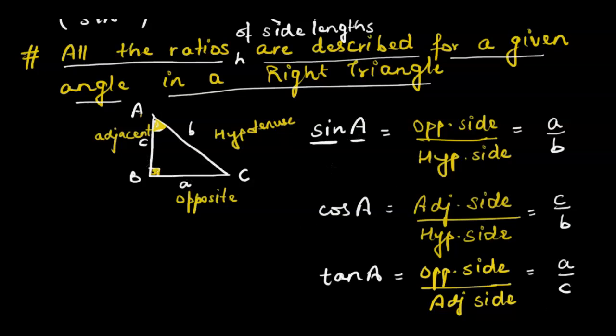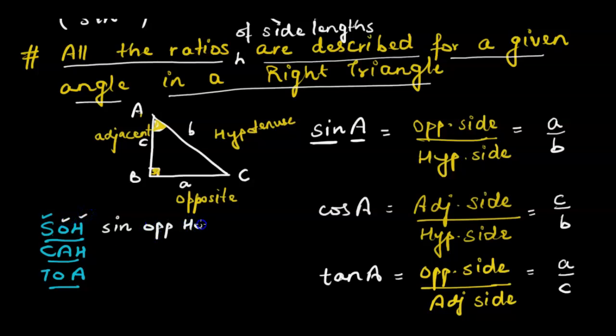There is an easy way to remember all these ratios with respect to the given angles, and it is SOHCAHTOA. So S stands for sine, O stands for opposite, H stands for hypotenuse. So sine is the ratio of the opposite side over the hypotenuse of the right triangle.